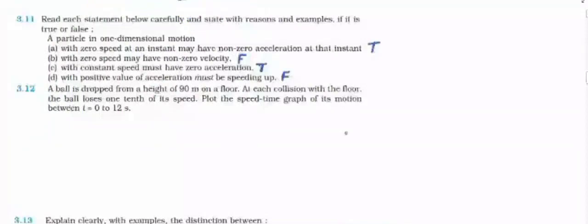Then next question 12. A ball is dropped from a height 90 meter on a floor. At each collision with the floor, the ball loses 1/10 of its speed. Plot the speed-time graph of its motion between time t equal to 0 to t equal to 12 seconds.